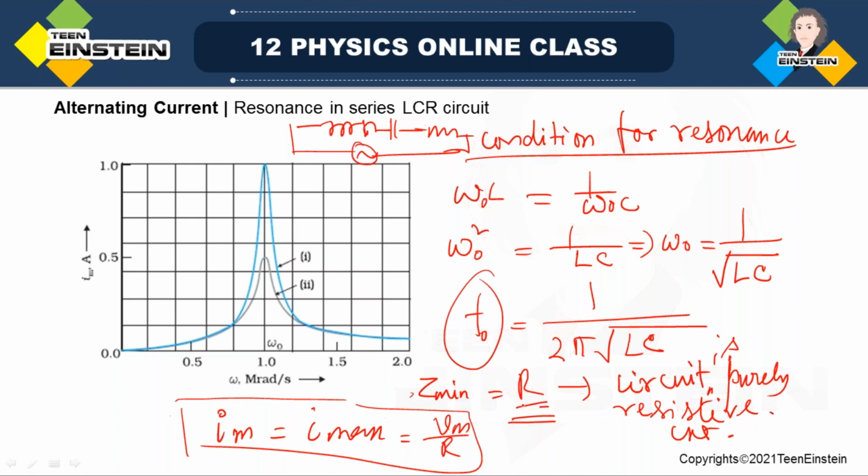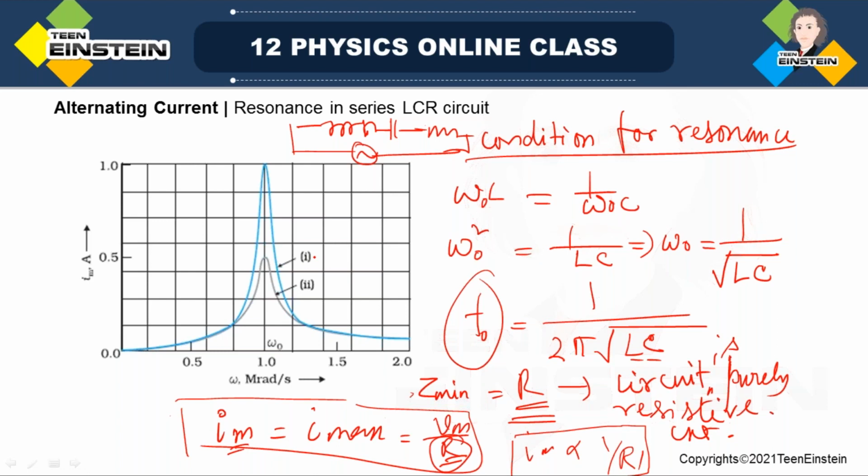Now look, at resonance the maximum current depends only on R. If L and C are constant, that means your omega 0 is constant. Now if you fix L and C values and vary the resistance, as the resistance increases, the current will decrease because I at resonance is inversely proportional to R, the resistance of the circuit.